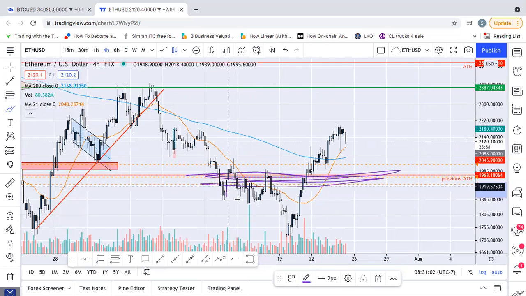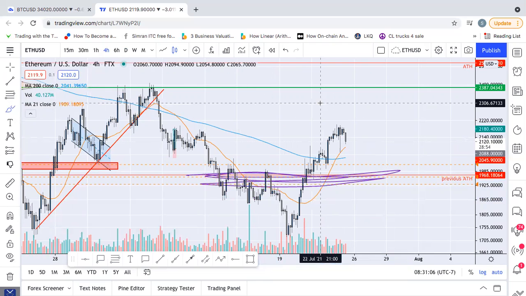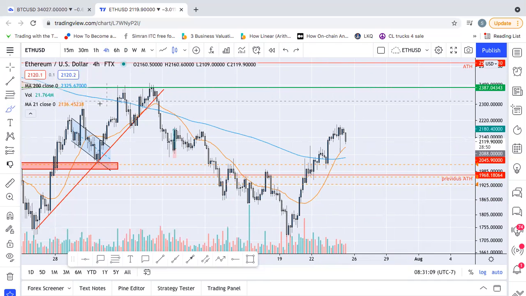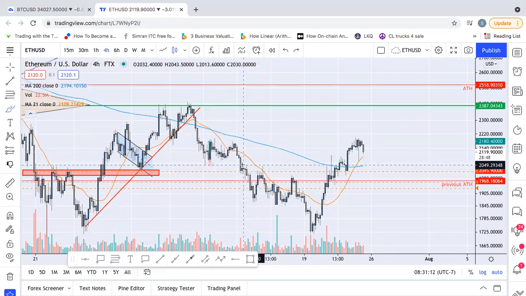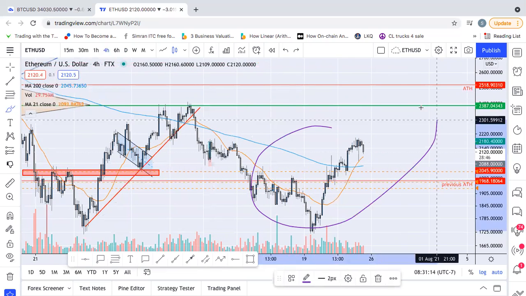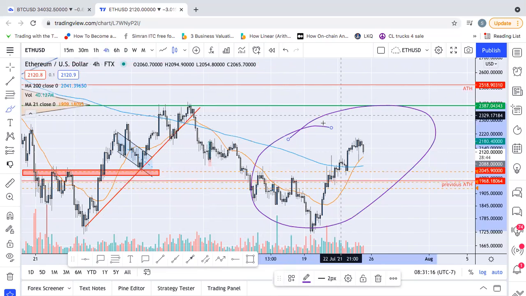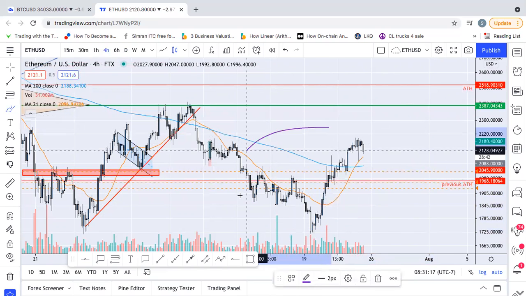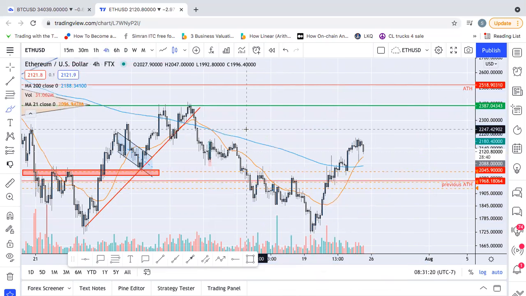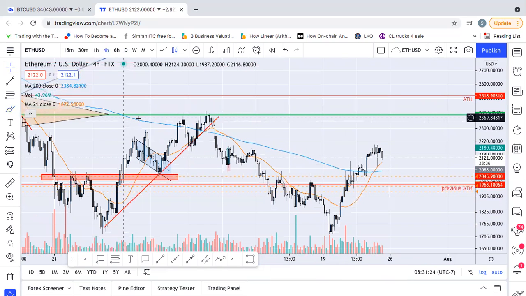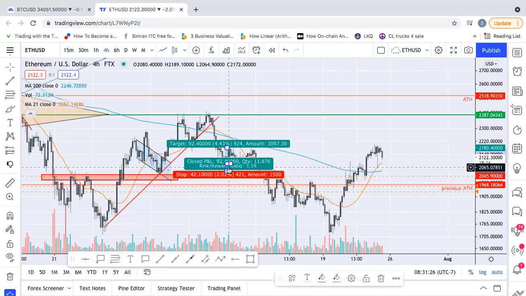You see, we're hitting our head, hitting our head, hitting our head. Let me see if I could, I'll just show you here. Okay, before I get into this setup, let me show you what you should be looking out for with certain things like this. Okay.